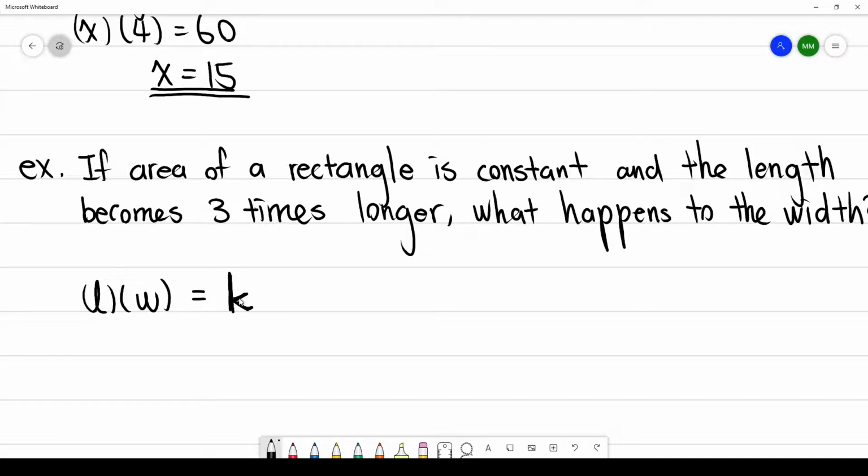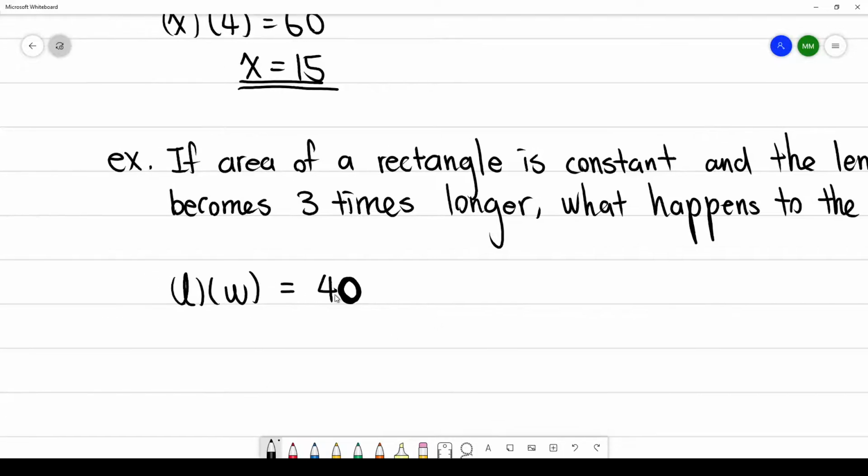And k here is not a variable per se. It just means a value, a constant. So k can be 40, or maybe I'll just write 40 here. As long as it's constant, it is okay. So length times width is always 40.